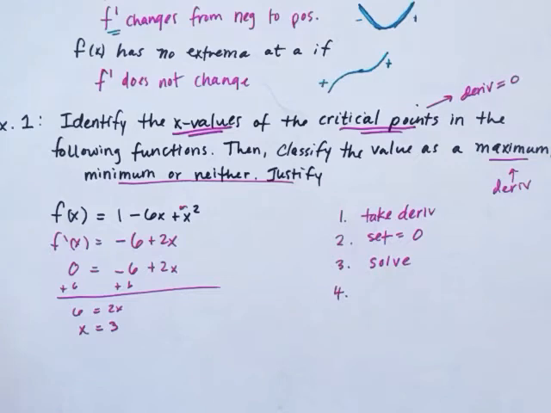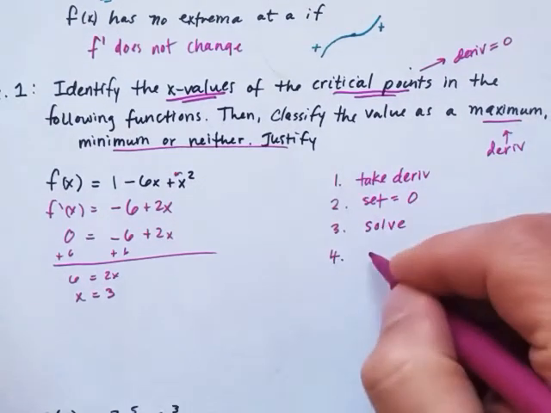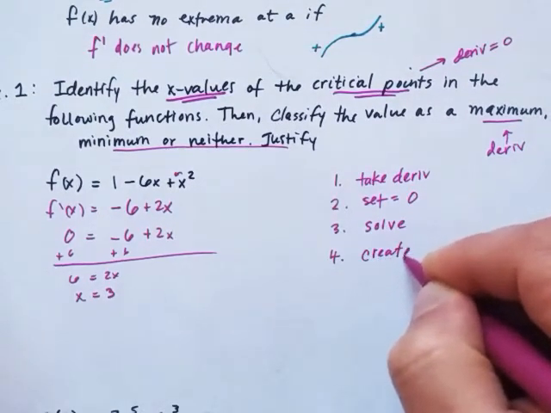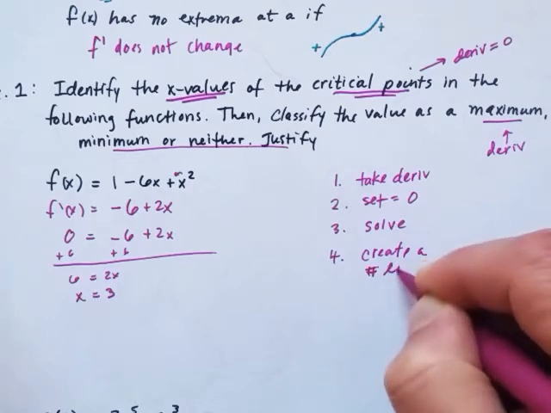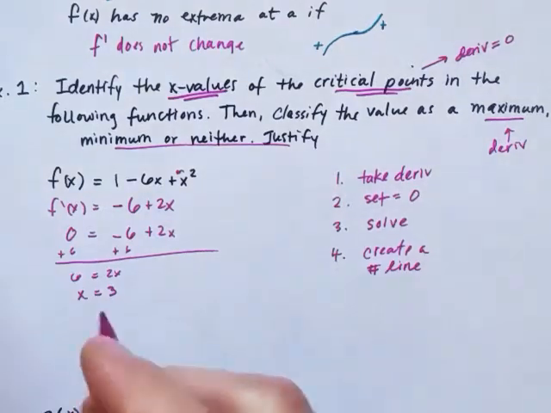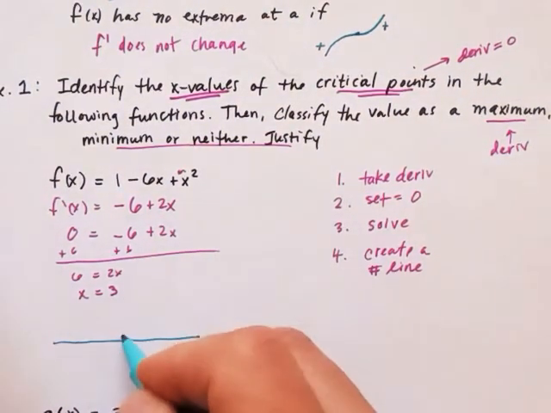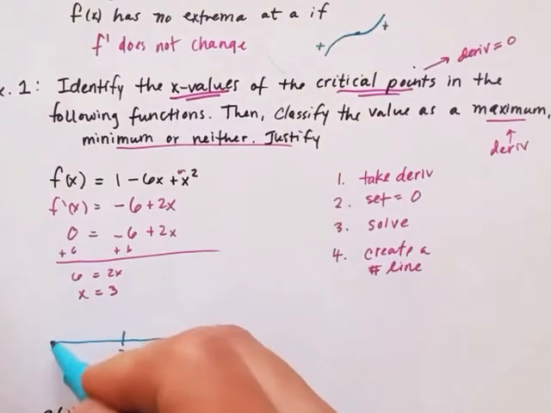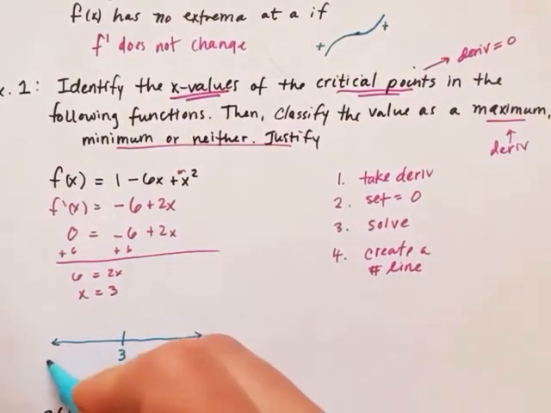So once we take that solution, we are going to create a number line. And this is just a great visual, and this is going to help us sketch what's happening. So on our number line, all we know right now is 3. Okay, something is happening at 3.